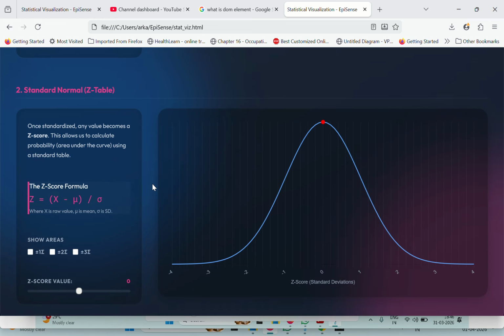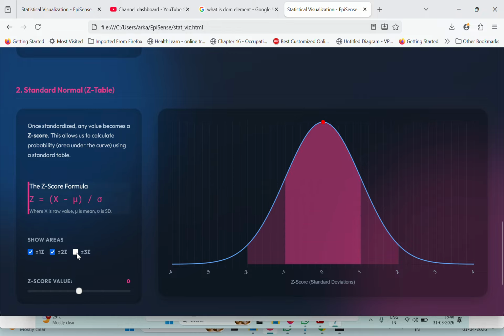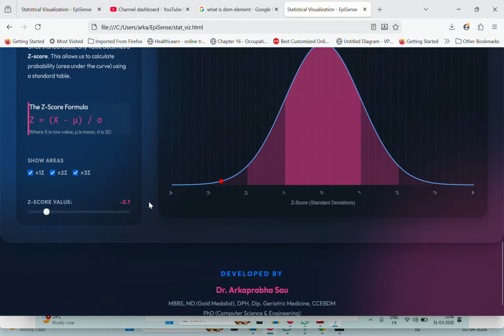One standard deviation, how much curve area of that normal distribution curve is there. Then one standard deviation, two standard deviations, three standard deviations, and for any given point, you can also get the exact Z score from that standard normal curve.